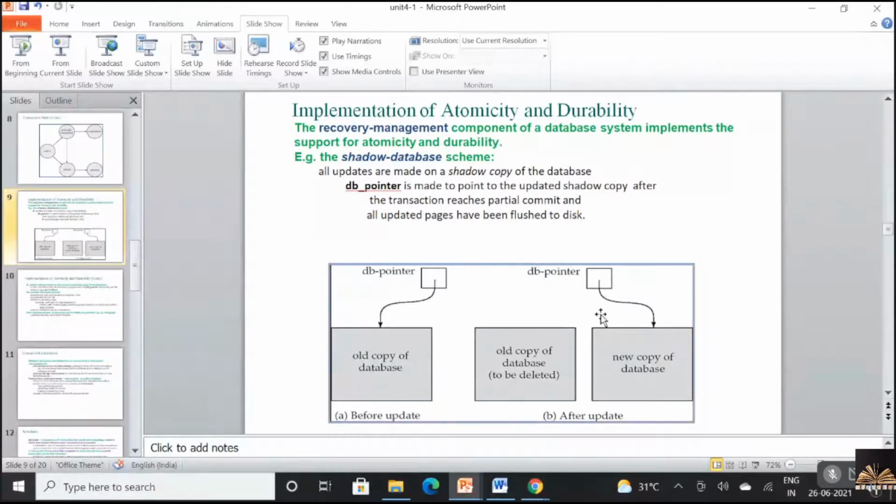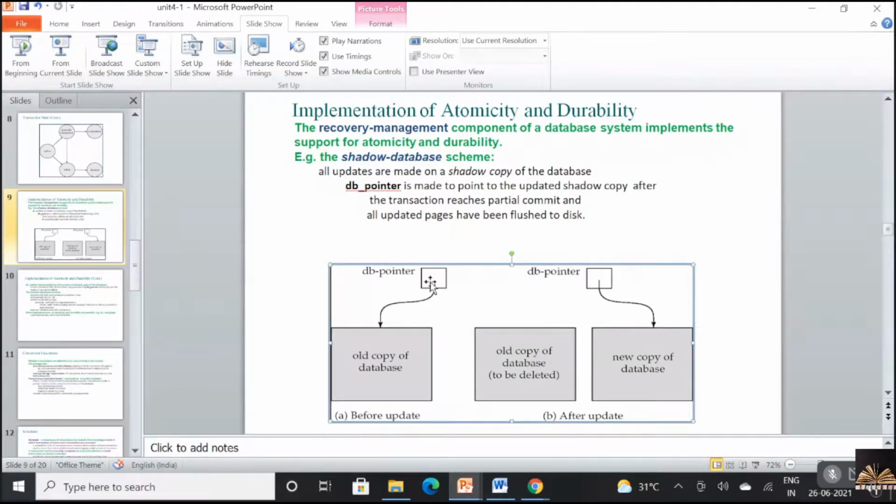Now, the process would be, I have an old copy of the database and a new copy of the database, and in between, I have the copy of the old copy. This is called the shadow database. Now, this particular process would be before the update, and this process would be after the update.